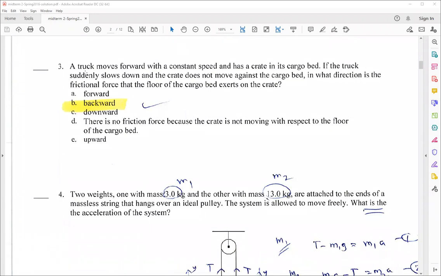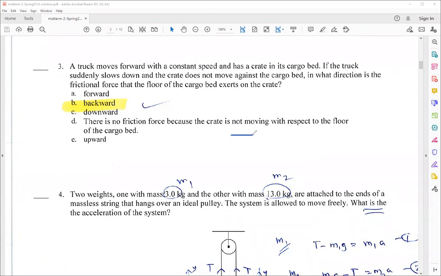Question number three, we have a truck that moves forward with a constant speed and has a crate in its cargo bed. If the truck suddenly slows down and the crate does not move against the cargo bed, in what direction is the frictional force that the floor of the cargo bed exerts on the crate? Again, similar question.